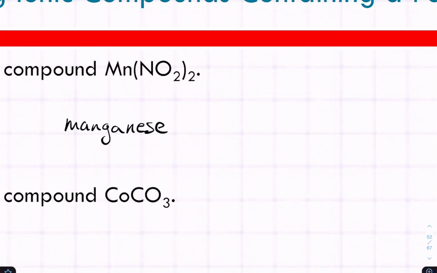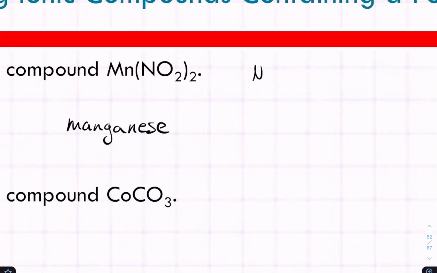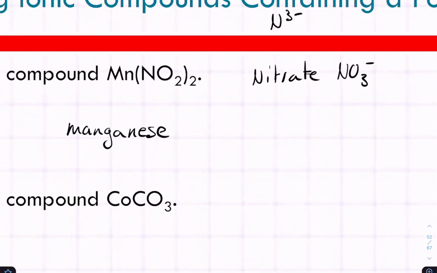Is it nitrate? Very close. Nitrate is NO3 minus, and this has one fewer oxygen. Nitride would be N3 minus. Although you might have been going for nitrite.